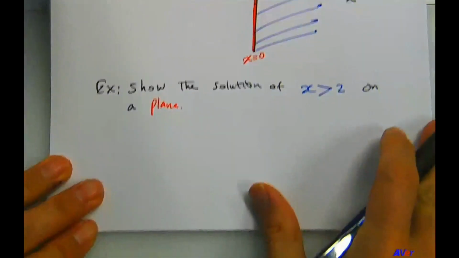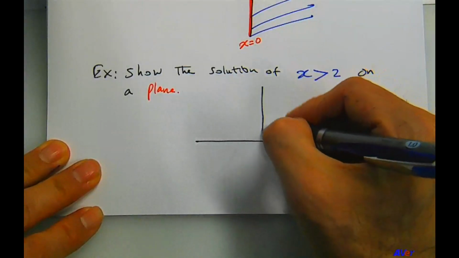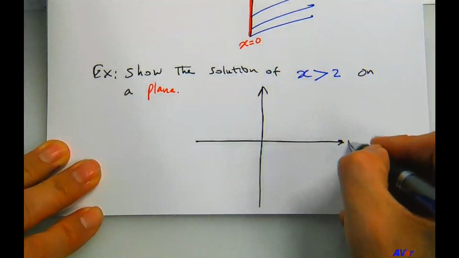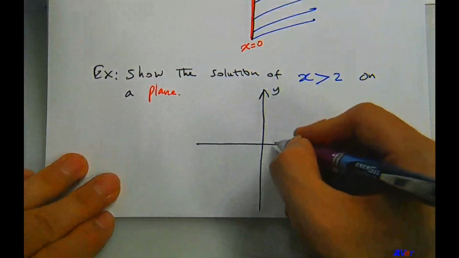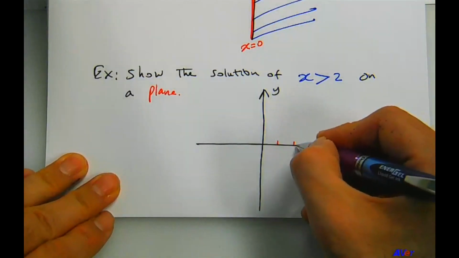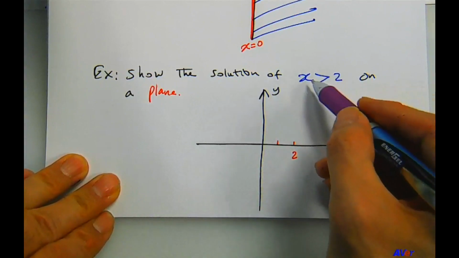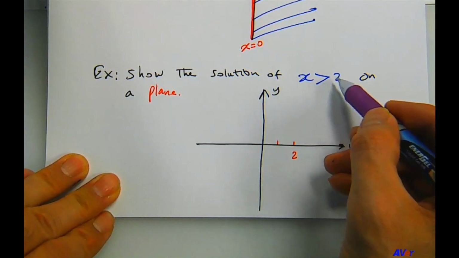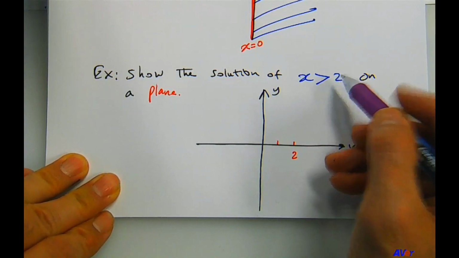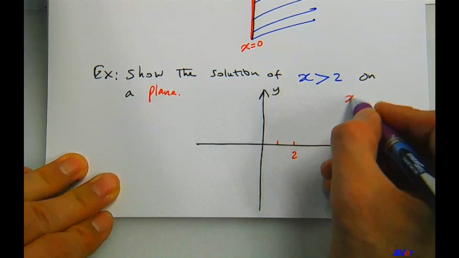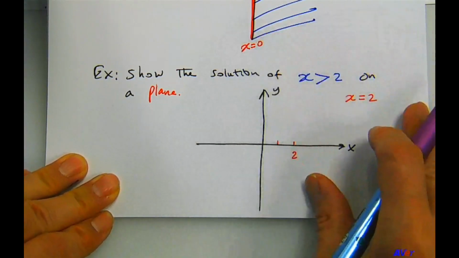Okay, so once again, we want to draw the axes, x and y. And 2 would be, let's say, somewhere here, right? Somewhere there. But notice that this time, x should be greater than 2. It cannot be equal to 2. Therefore, the x equals 2 boundary line cannot be solid.